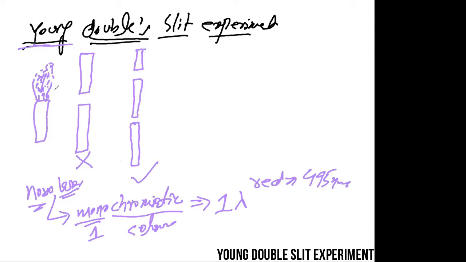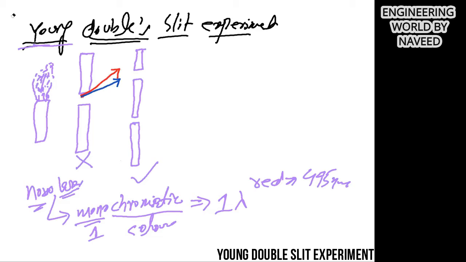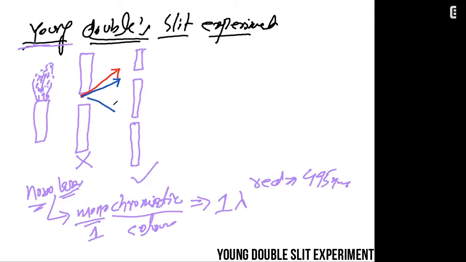And when light comes over here, we have lots of wavelengths which will diffract like this. Red light will bend more, then we have blue light, and similarly here we will have blue light like this, and red light will bend more over here.